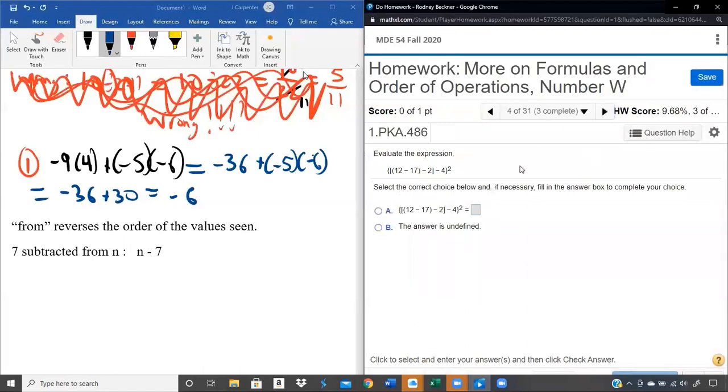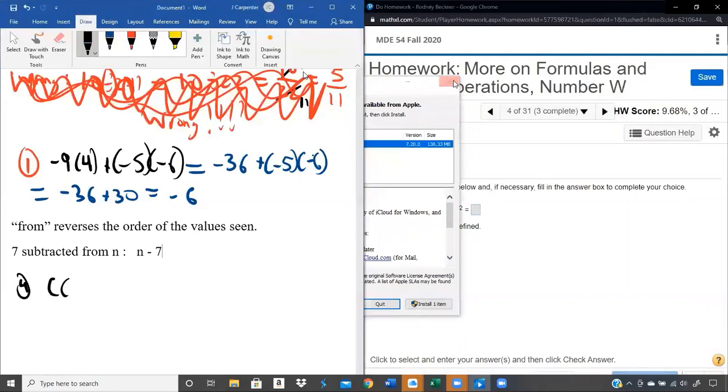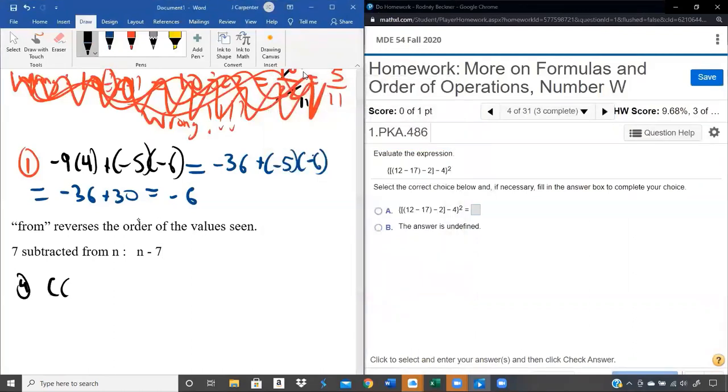All right, back to some PEMDAS. These little curly brackets and these brackets are all the same thing as parentheses. They're just different visually so that the problem doesn't look like this. This problem that you see over here for number 4 would be the same as if I wrote parentheses, parentheses, parentheses, 12 minus 17, close the first one, minus 2, close the second one, minus 4, close the third one, squared.